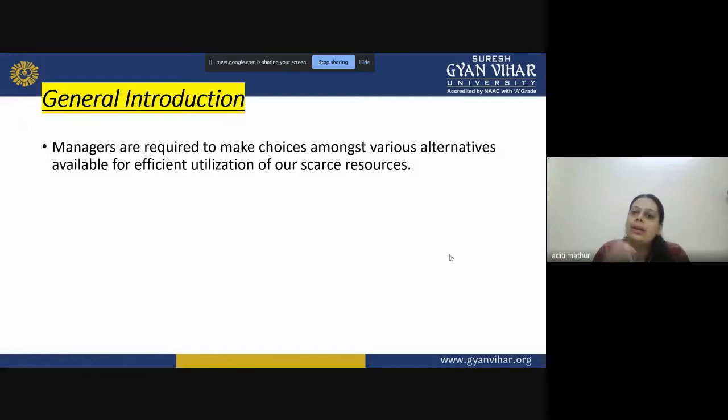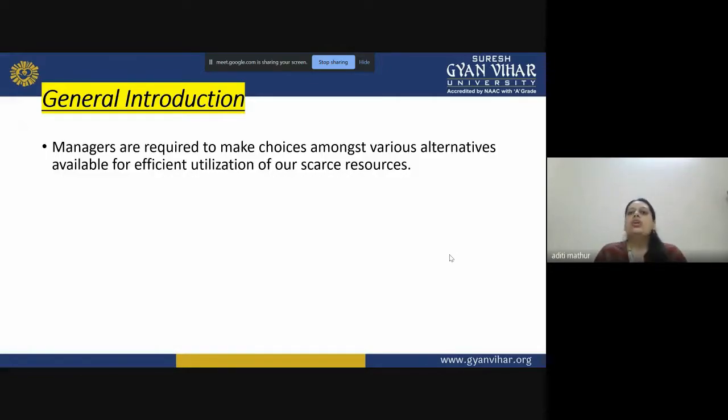So these are the alternatives available in front of you, and to choose the best alternative, to choose the best investment of that money, is actually the basic question which a manager always faces, and every individual like you and me faces, right? So managers are actually forced to take these types of decisions. Individuals like you and me are also forced to take decisions like this because we have limited resources.